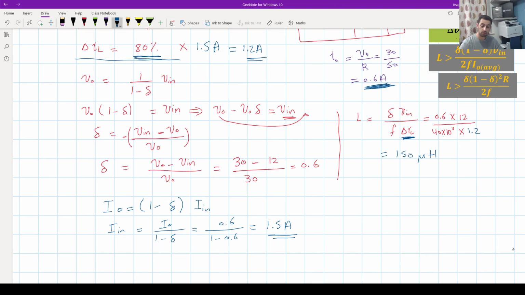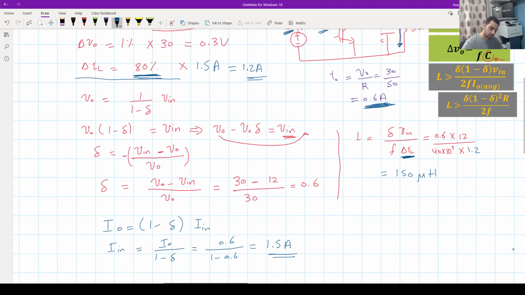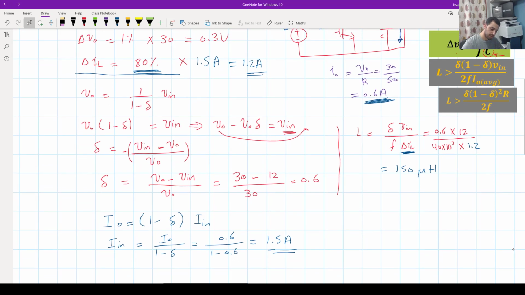So that will also give us the continuous conduction mode, because we said that we want 80% of the inductor current, okay? So now let's go to the capacitor value. Again, we have to look at this equation here, and the capacitor value equals delta I output divided by F delta V output, okay?